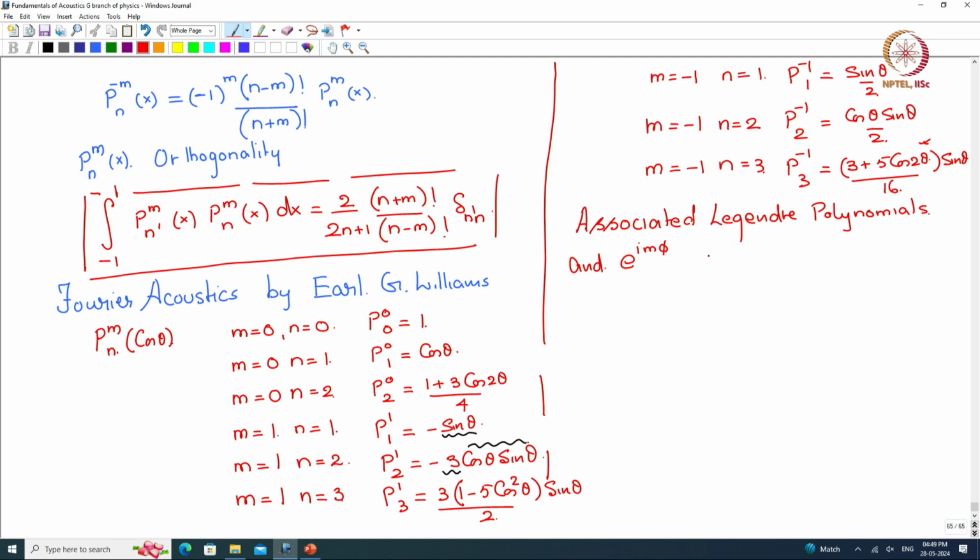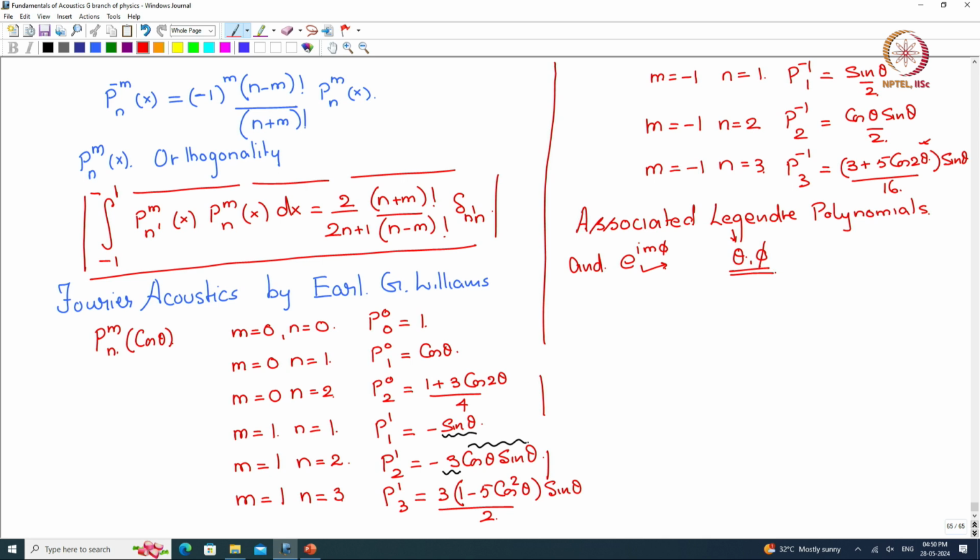Essentially the Legendre polynomials are looking at the theta direction and the i m phi is looking at the phi direction. We have r, theta, phi, three directions.